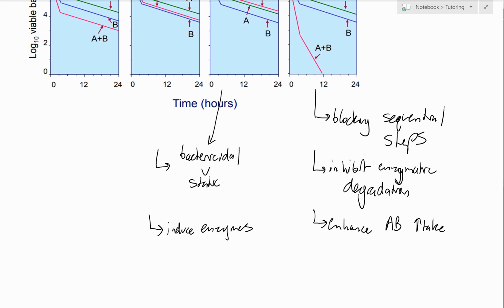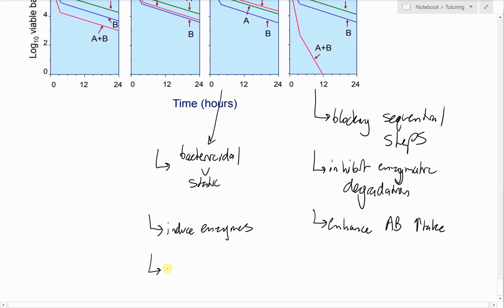So, for example, some beta-lactams are very weak inducers of beta-lactamase, and so they work very well. But then as soon as you combine it with another drug, another broad spectrum, for example, it can very strongly induce a beta-lactamase, which is going to knock out both of those beta-lactams that you've been using.